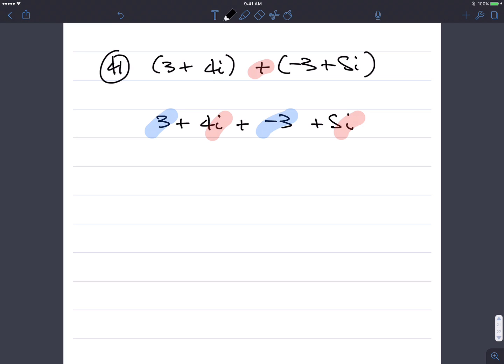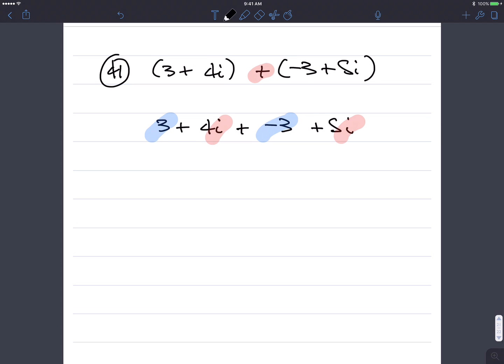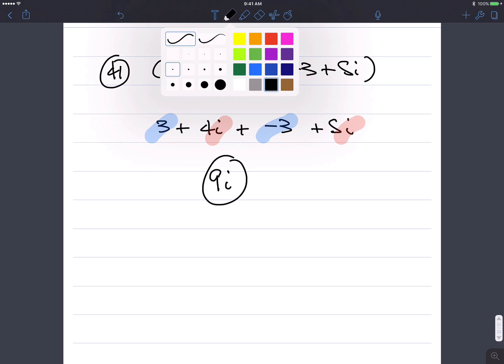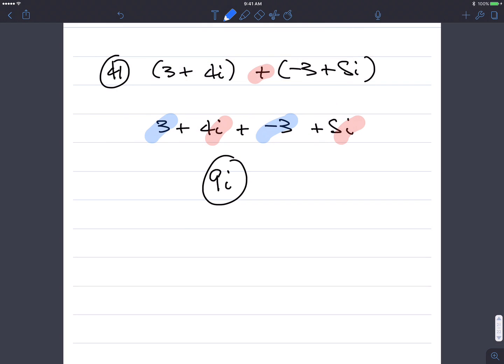Combining our like terms, 3 plus a -3 gives us 0, or it's gone. 4I plus 5I gives us a 9I. And you're done. Notice again, using the distributive property, 4I plus 5I is 4 plus 5, and we keep the label I, which is 9I.